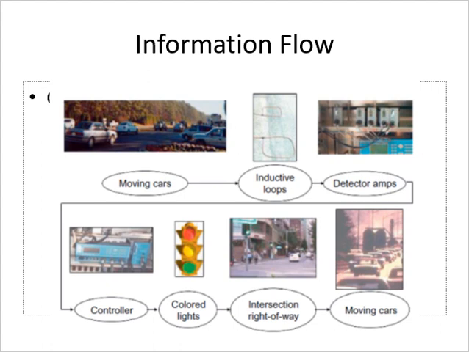These detector cards transmit the data to the controller, which sets up the logic according to the data. Then the signal lights are controlled through relays and switches, and they change according to the data. According to the lights being shown, certain movements of traffic get the right of way, and when they get the right of way, we have the moving flow, and again the cycle continues.